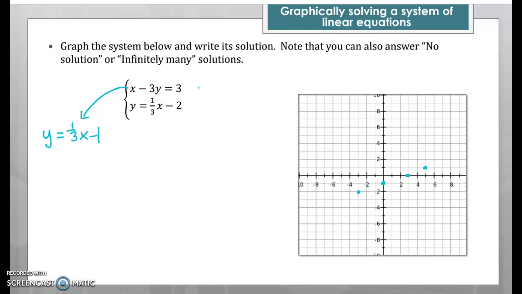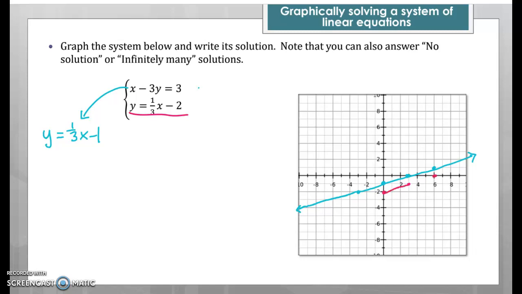Oh, that second to last one wasn't over 3. I only went over 2. There we go. And this is one of my lines. That's my first line right there. The second line, I'm going to have a y-intercept of negative 2, and then I'm going to go up 1 over 3, up 1 over 3.